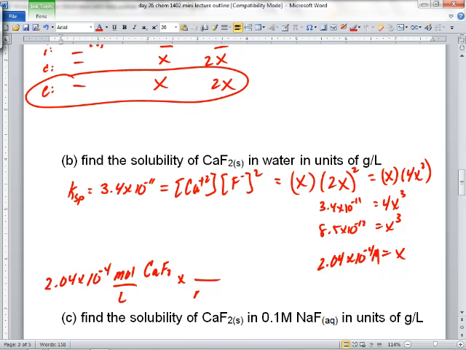So in a mole of calcium fluoride, I got to add up a calcium and 2 fluorines. So the calcium is about 40.1, right there, number 20, plus fluorine is around 19, but I have 2 of them. I get about 78.1.